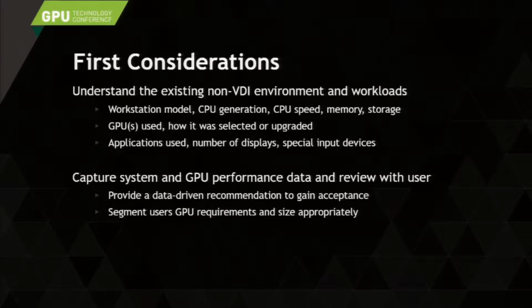So this is what's running on your computer before VDI. Before moving to VDI, you're looking at, I'm running Dassault CATIA on a workstation. And you need to understand what workstation model that is, what CPU, how fast it is, the memory size, and what type of storage it has.